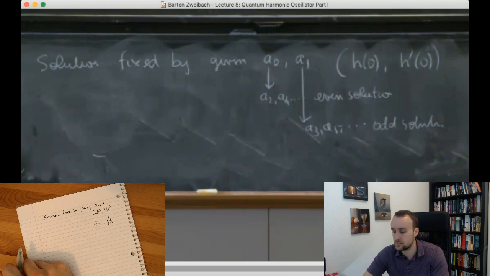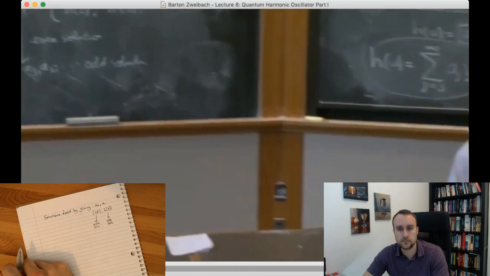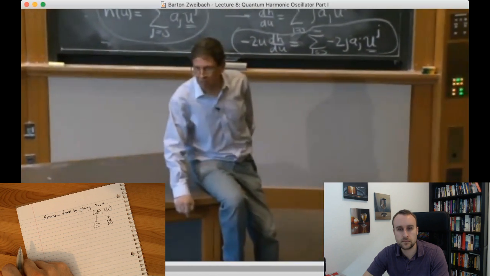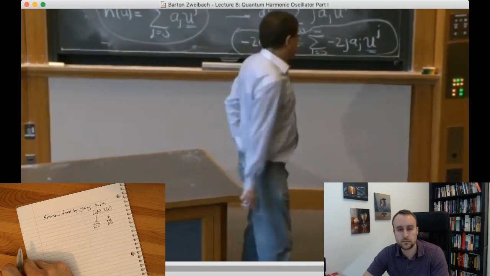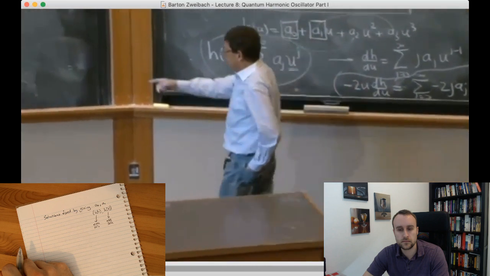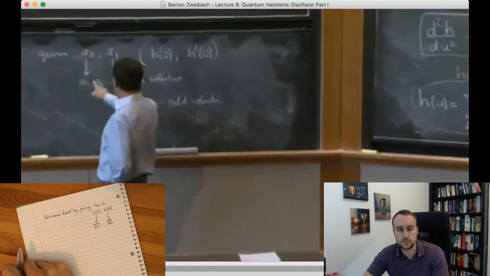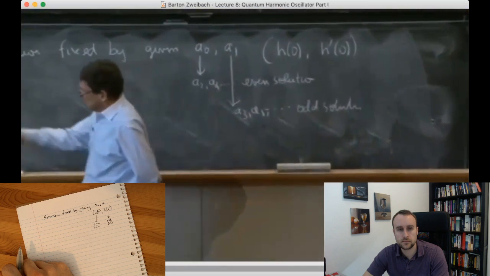Well, we solved the differential equation, which is really, in a sense, bad, because we were expecting that we can only solve it for some values of the energy. Moreover, you have A0, you get A2, A4, A6, A8.